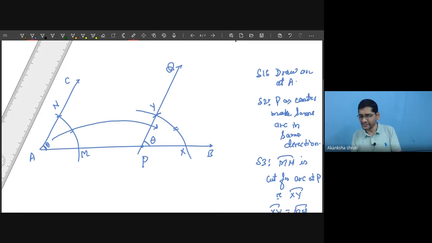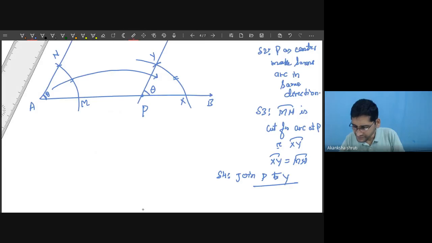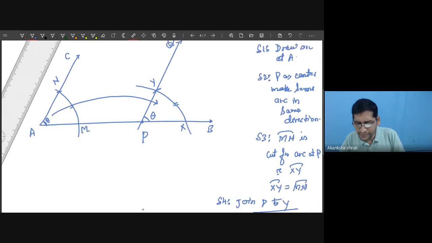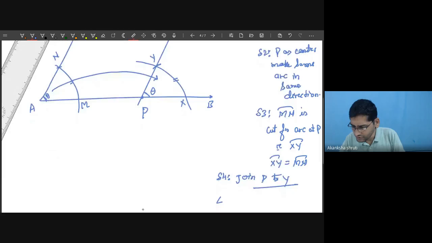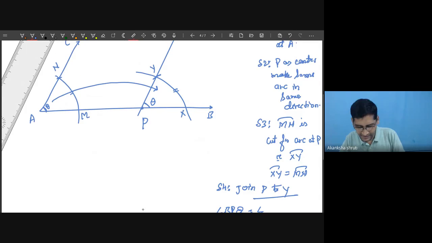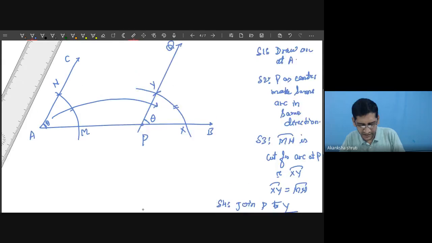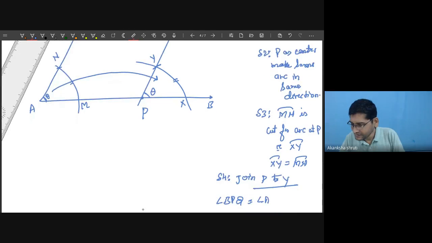This way the angle gets transferred. This way angle BPQ is equal to angle BAC.